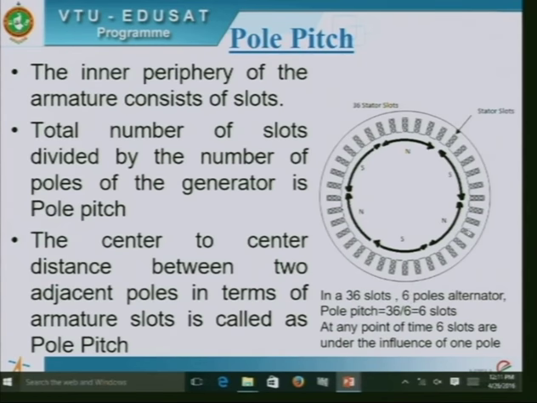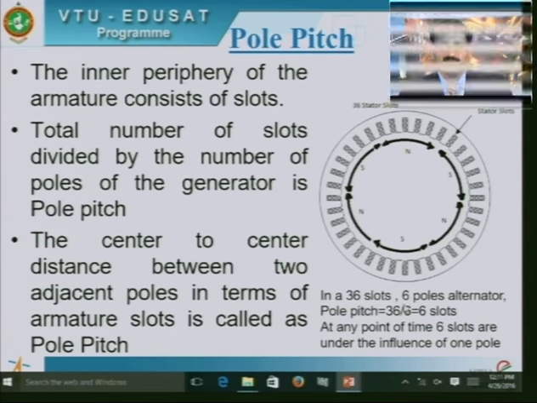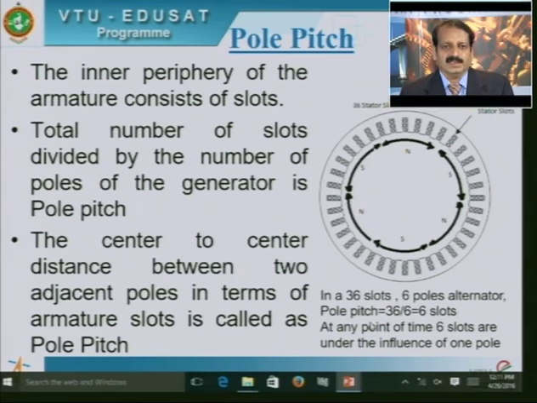Suppose the stator is designed for 6 poles, then pole pitch is given by 36 divided by 6, which is equal to 6 slots. So the total number of slots divided by the number of poles of the generator is termed the pole pitch.